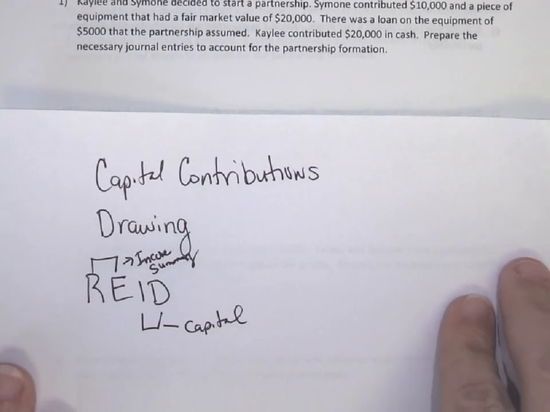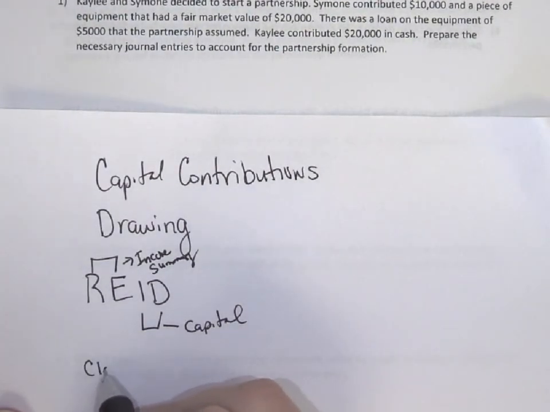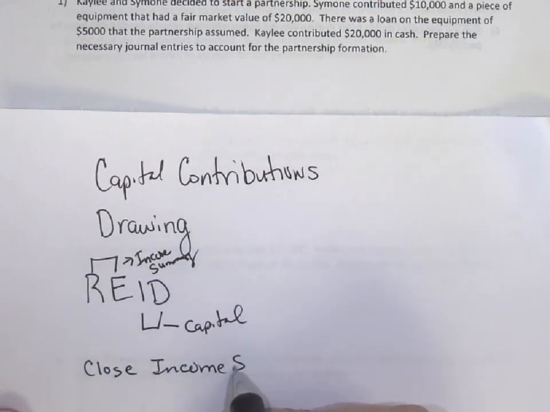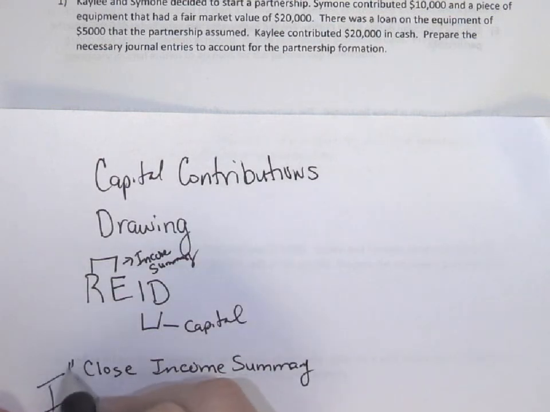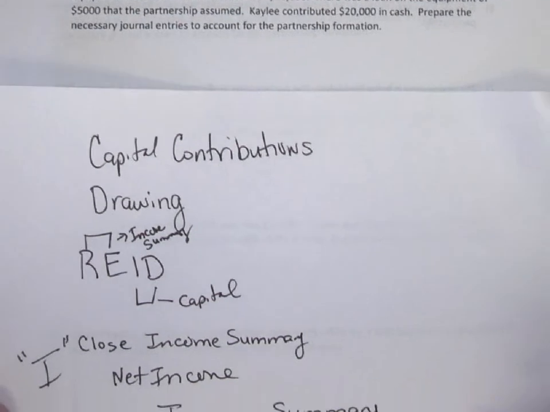So what we've seen in the past is if we want to close income summary, which is that I, and we have a net income, then we would debit income summary and we would credit the capital account, is what you would see.